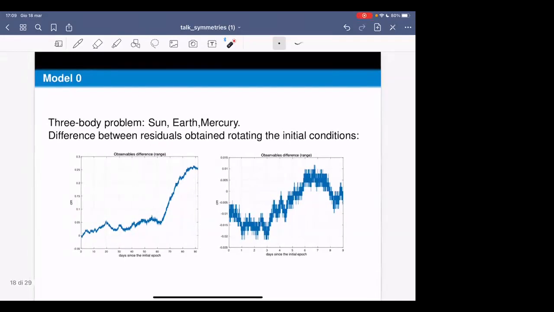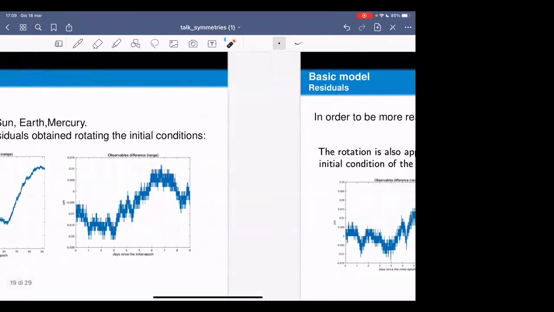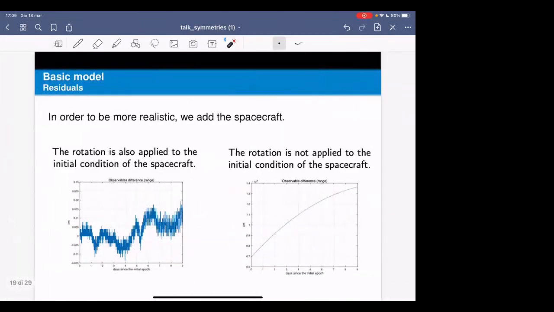But then soon after, we realized that this was not enough, of course, for approximating the BepiColombo experiment. We at least needed the spacecraft. So we added the spacecraft to the whole system.